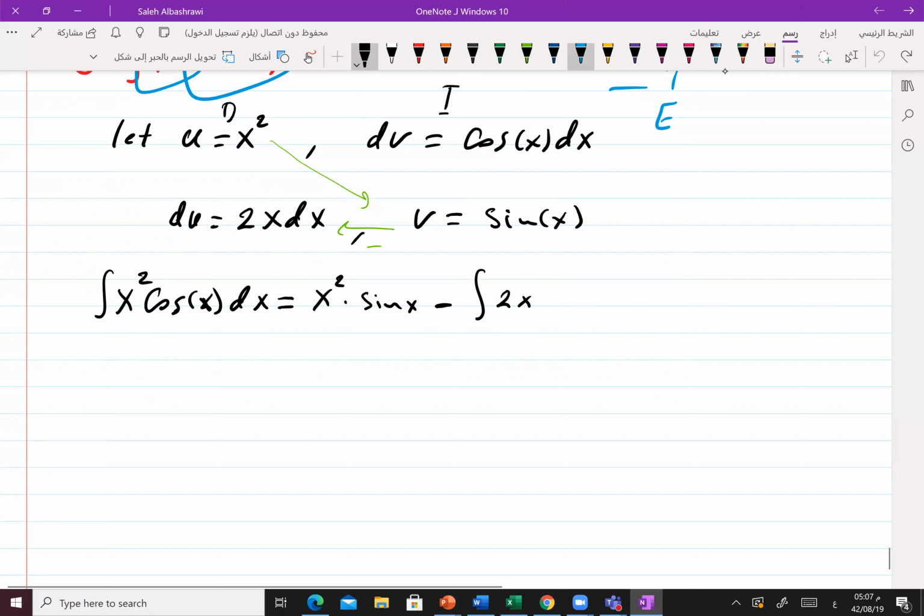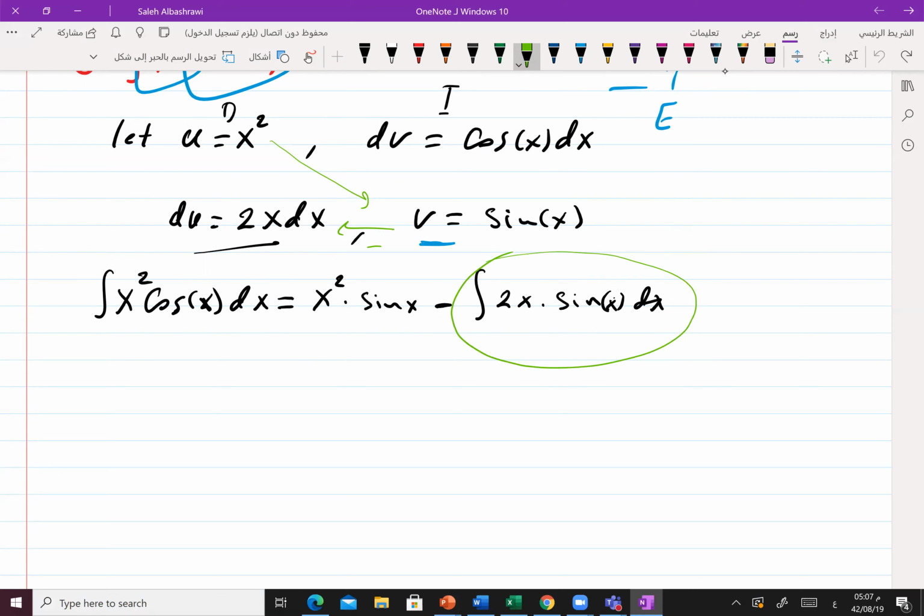We multiply this one with this one, so it is 2x multiplied by sine x dx. But we notice that the second part, 2x sine x, can also be integrated by parts.